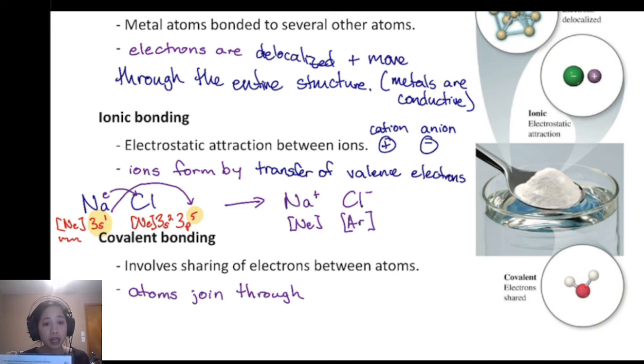If you bring them together, you get sodium plus, chloride minus, and sodium chloride. So you do have some experience there, but I just showed you step by step how that works.